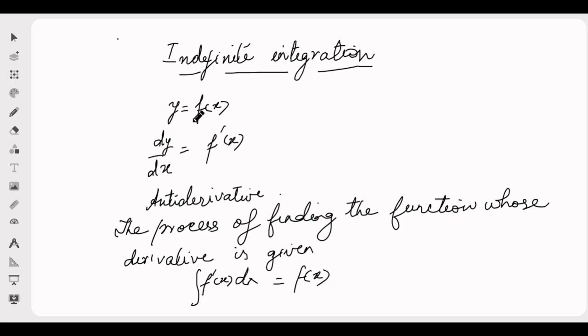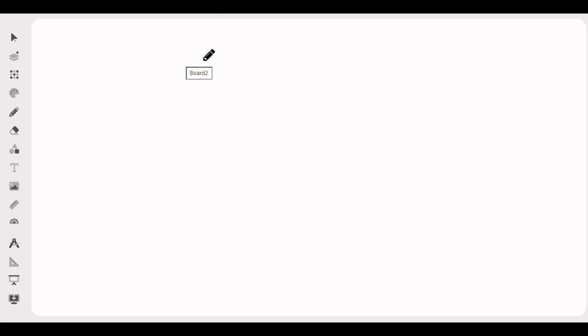Let us understand this by an example. Suppose we are given the function f(x) is equal to x square. Its derivative is given by 2x.